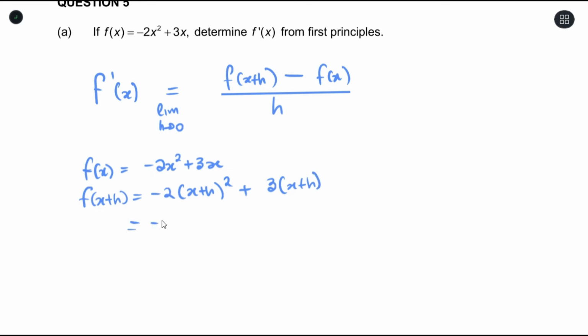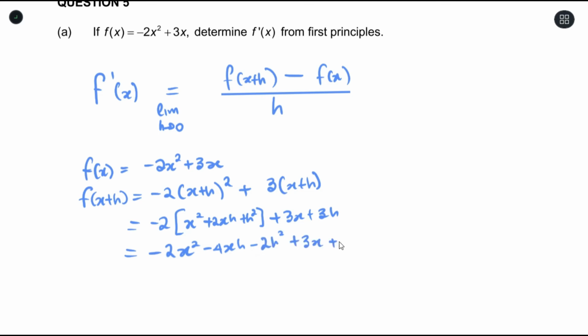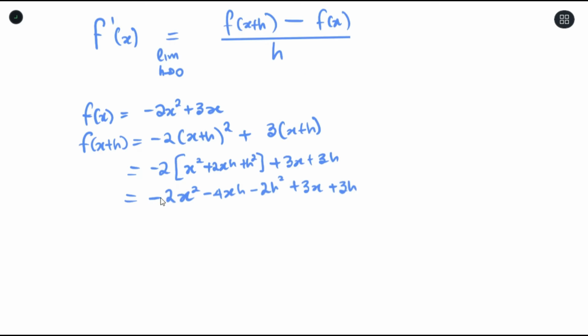Now simplifying this, okay, so that is the formula for f(x plus h). We can substitute this into the first principles formula, so this is what you're going to have.